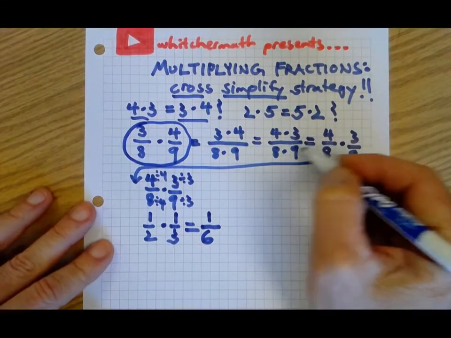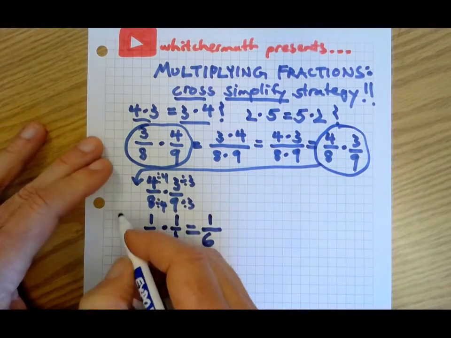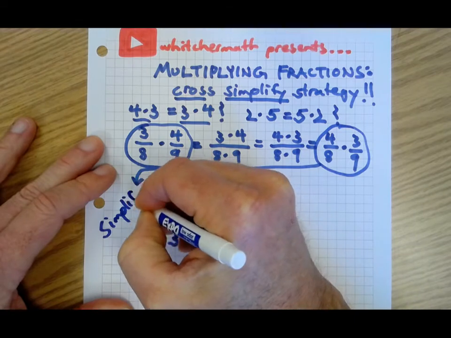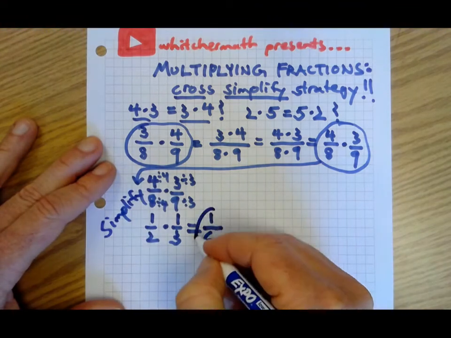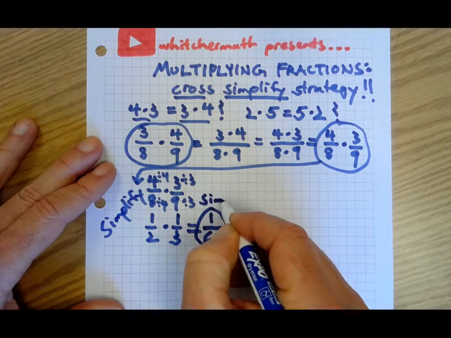We rearranged and made it look different, then simplified. And it turned out to be super easy, like first grade multiplication here. 1/6. And now we can't simplify that anymore. It's already in simplest form.